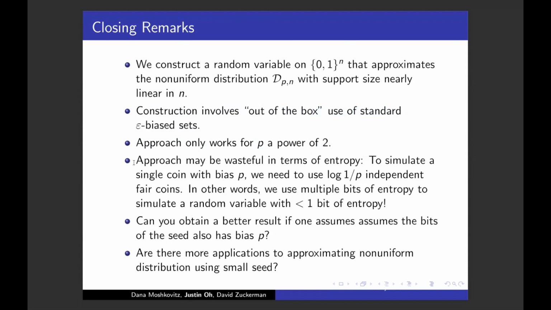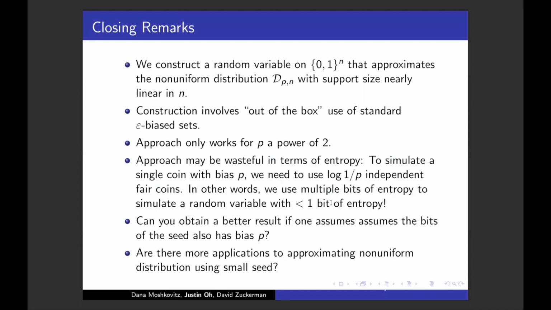And one thing I'd like to mention is that this approach might be considered wasteful in terms of entropy. As you noticed, the key idea is just that we simulate a coin that has bias p, or has probability p of outputting heads, by using log 1/p independent fair coins. And this is wasteful in terms of entropy, because we're using log 1/p bits of entropy to simulate some random variable that has less than 1 bit of entropy.